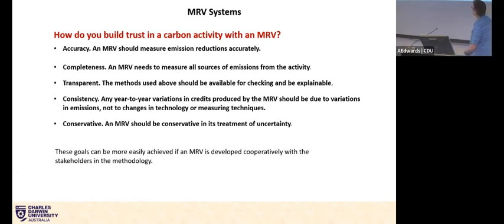If you're going to measure emission reductions or carbon removals, you want to make sure that that's suitably accurate for your activity. It should also be complete. In other words, you want to measure all your sources of emission. One of the relevant areas there for savanna burning is you want to measure all the areas of your methodology zone, anywhere that a project could be placed. You want to make sure you're accurately measuring the emissions from all of that methodology zone, which in Australia is a pretty big area.